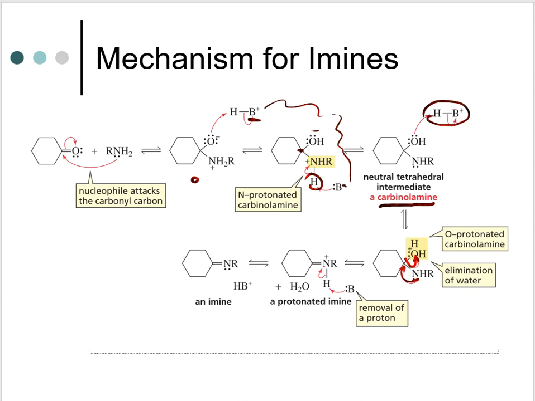And we learned in the beginning of the semester that protonated alcohol is a very good leaving group. So we have the formation of the carbon double bond in, and we have the leaving group in form of a protonated alcohol leaving, and that begins to form our double bond in that we know is an amine.